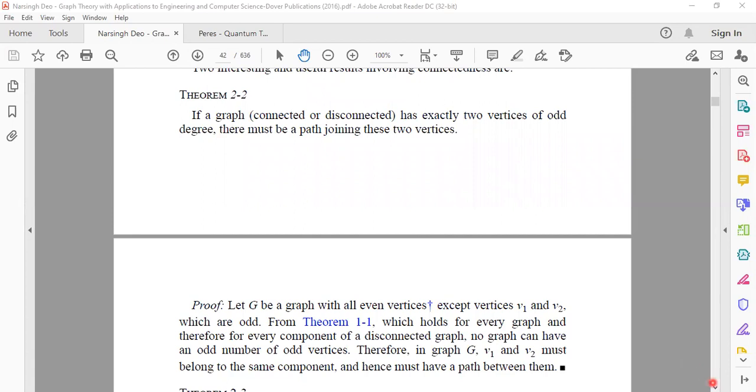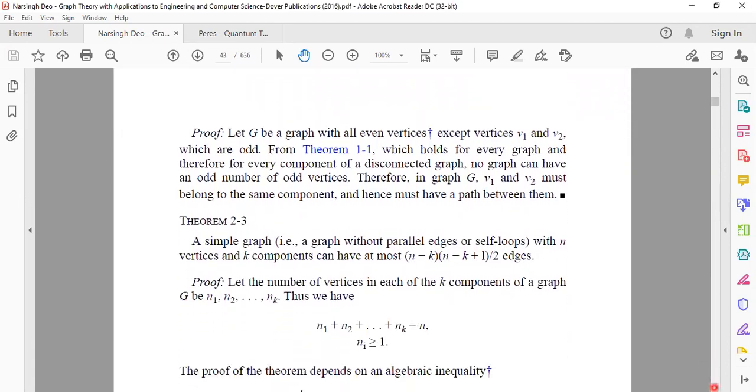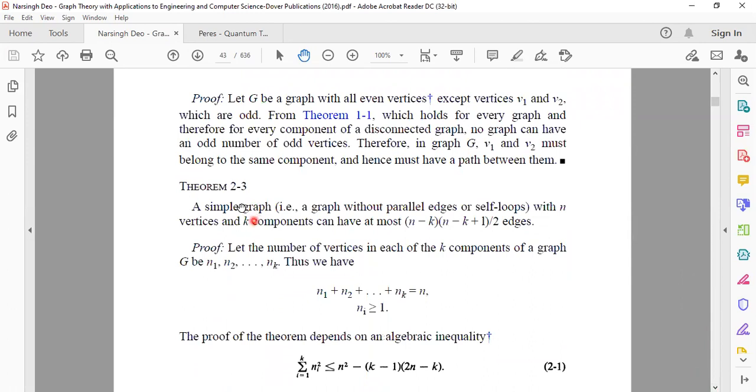So let's proceed further. And here comes the most important theorem. Again, I'm not going to talk about the proof which is written over here, but of course, I'm going to talk about a problem which is there in the exercise, and I'm going to take the help of this particular theorem to do that exercise.